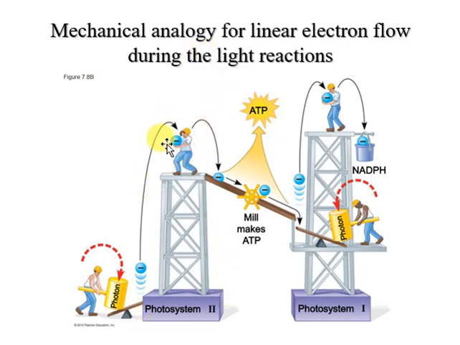Then that high energy electron is transported down this little slide, and in the process it turns this mill, and that mill generates ATP. As the electrons move down this slope, they go down in energy level until they hit photosystem 1, where another photon of light enters and allows that low energy electron to bounce back up to an excited state, where that high energy electron is used to create NADPH.